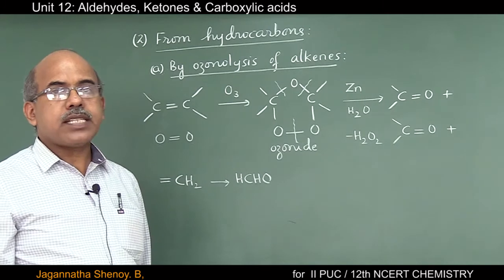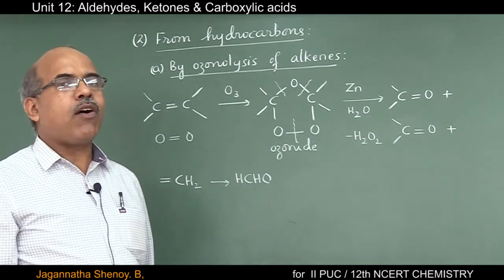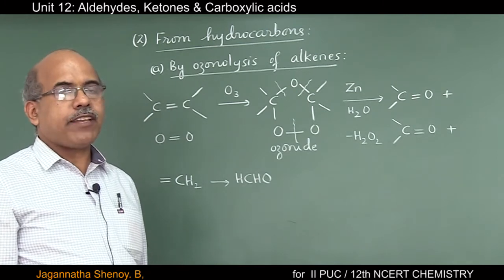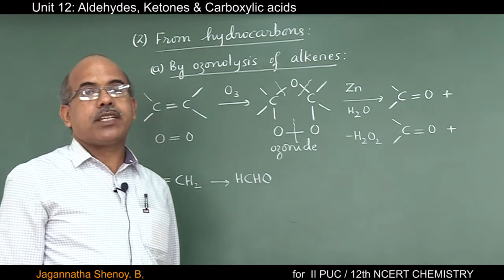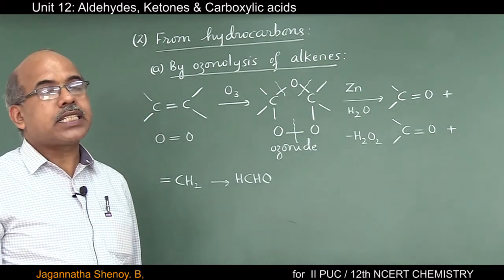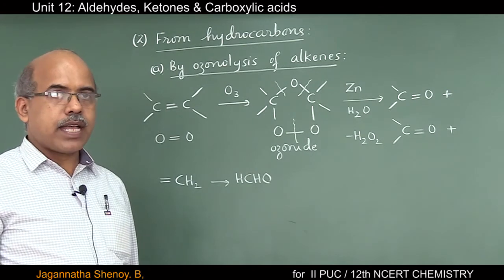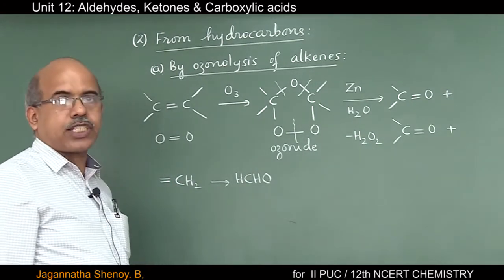The same concept is asked in a reverse way. One of the products of ozonolysis of an alkene is formaldehyde. Which particular group does it indicate in the starting alkene? Answer is simple. In the alkene, you have double bond CH2.